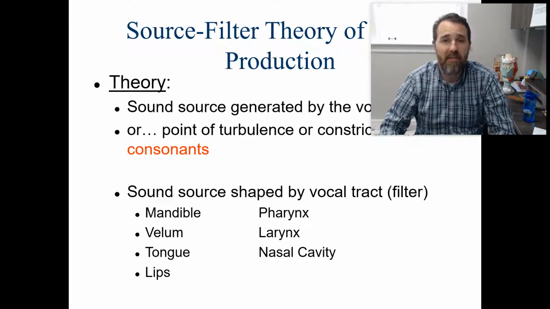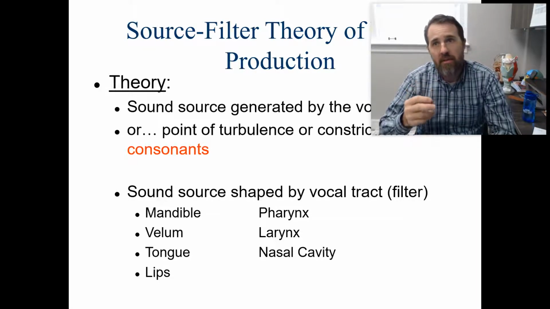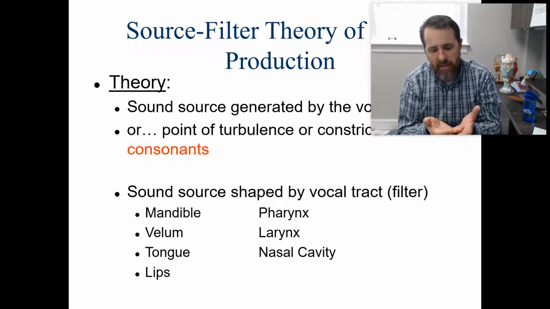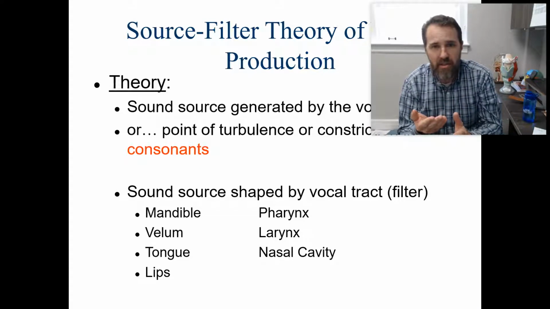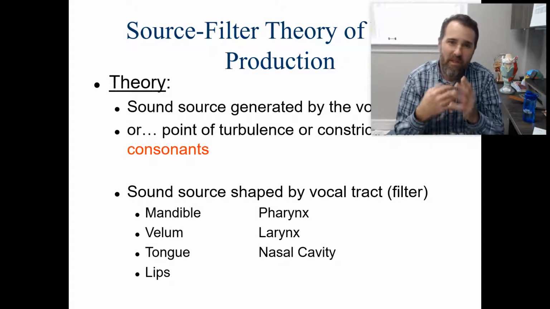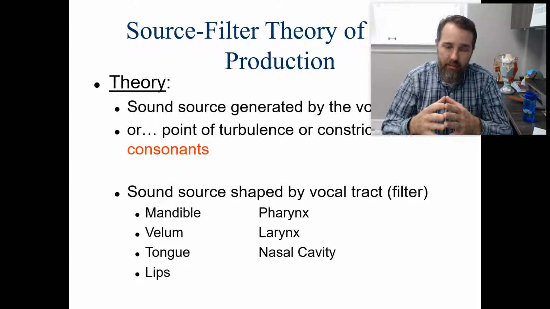So that's the difference between those two sounds, and s. So in this example, the sound source is that point of turbulence between my tongue and the alveolar ridge. It's that point of constriction that is making that white noise. And that white noise is being shaped by the vocal tract.